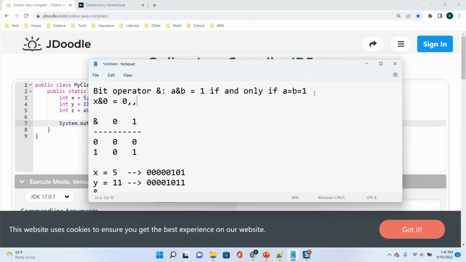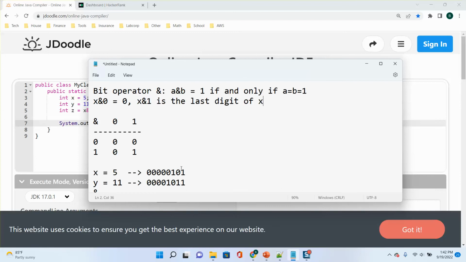And the second rule is that if you want to know the last bit, x and 1 gives the last digit of x. For example, if x is 5, 5 is 0, 0, 0, 0, 0, 1, 0, 1. If you AND with 1, the first 7 digits are all 0, and only the last one is 1. So 1 and 1 is 1.